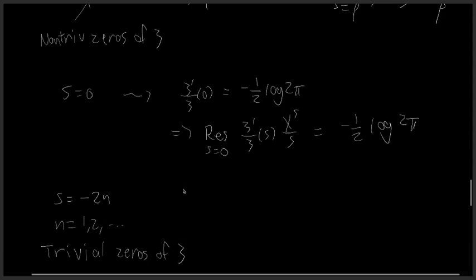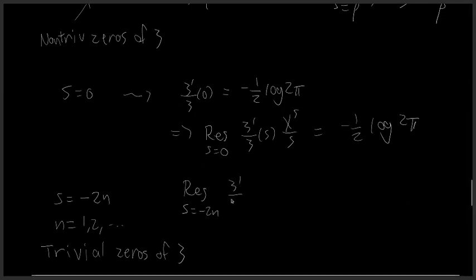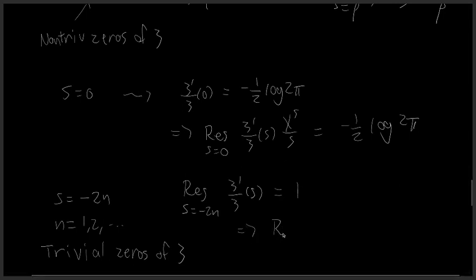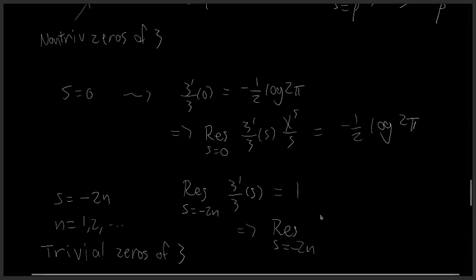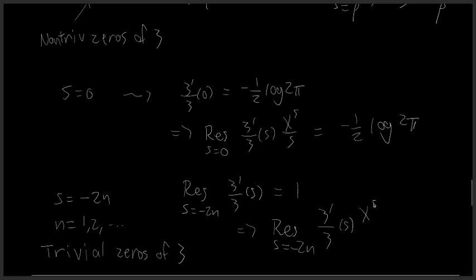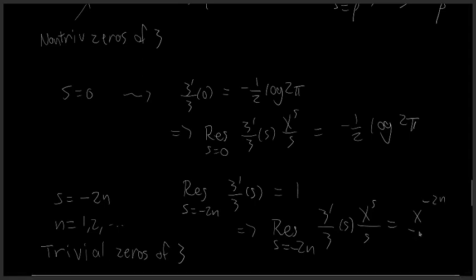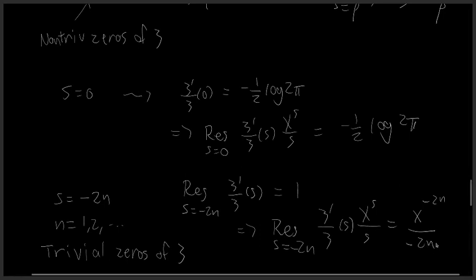And for these, again, we found that the residue at s equals minus 2n of the logarithmic derivative of the Riemann zeta function was equal to 1, and that implies that the residue of our integrand, the logarithmic derivative of zeta times x to the s over s, is equal to x to the minus 2n over minus 2n.